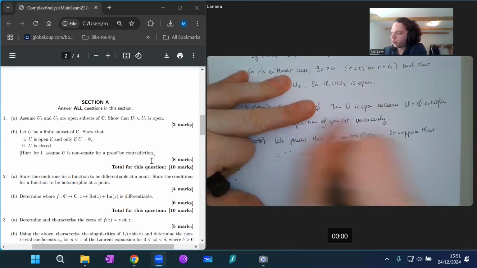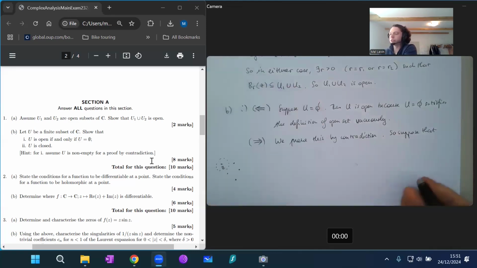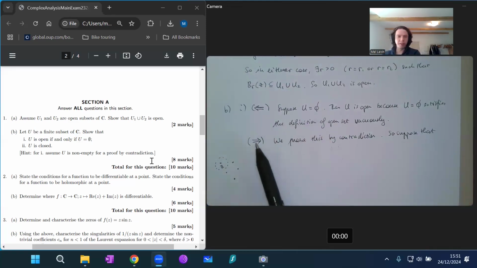I don't want to confuse you and mix up contrapositive and contradiction. So we're proving the statement that way around: U is open implies U is empty.